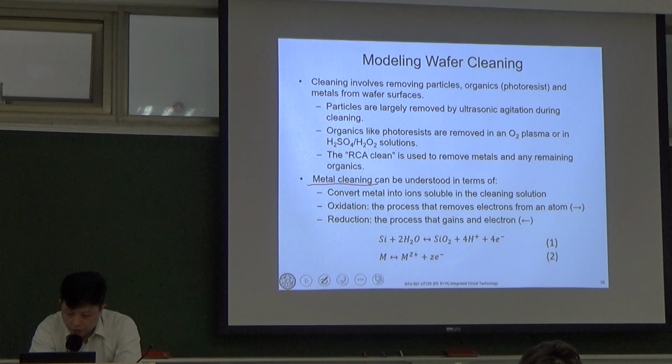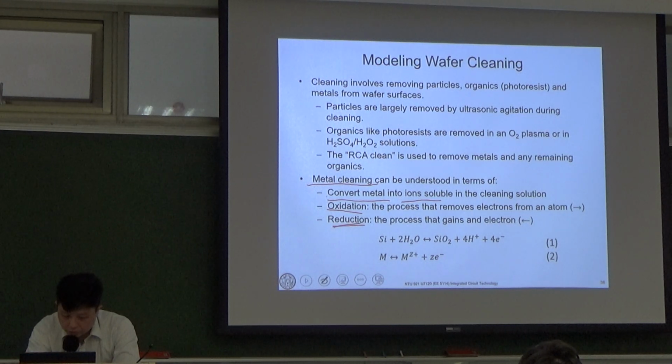Metal cleaning can be understood in terms of steps: the first is to convert metal into ions soluble in the cleaning solution, and the second is to oxidize. The third is that oxidation and reduction happen in this process.